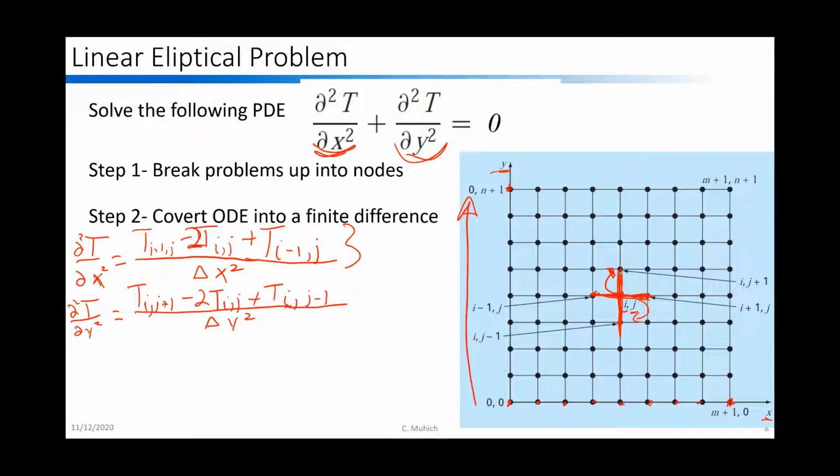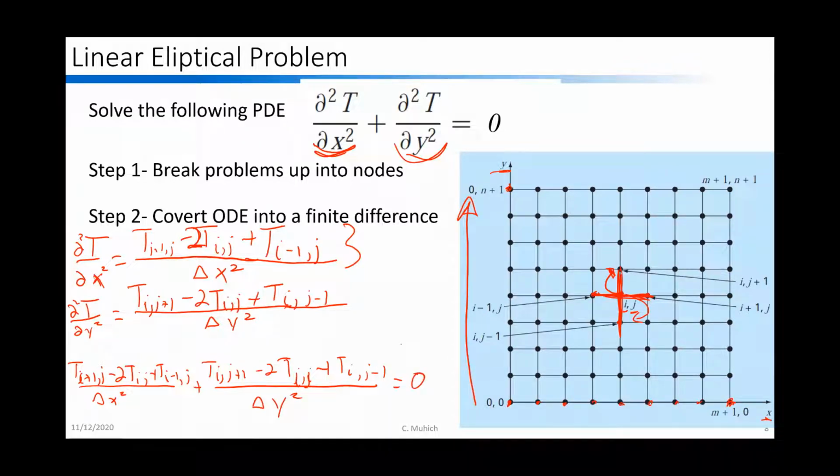Okay, so now I have numbers I can substitute into that top equation. So we can say t i plus 1 comma j minus 2 t i j plus t i minus 1 comma j all over delta x squared, plus, now I put in my second derivative of temperature with respect to y, I get t i comma j plus 1 minus 2 t i comma j plus t i, j minus 1 all over delta y squared equals 0.